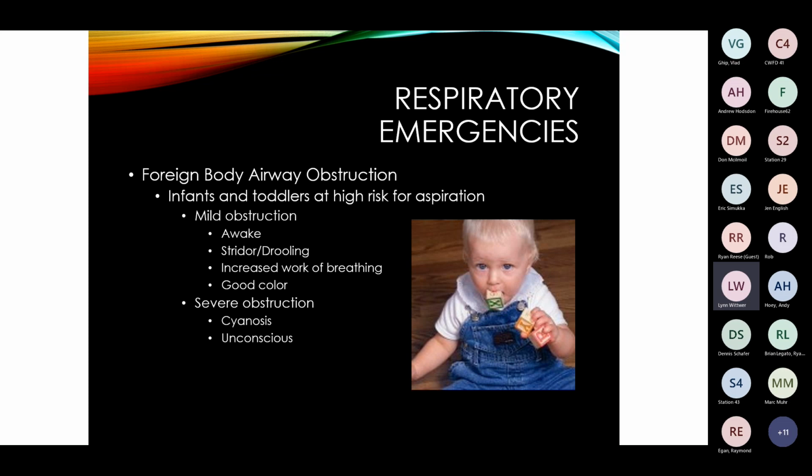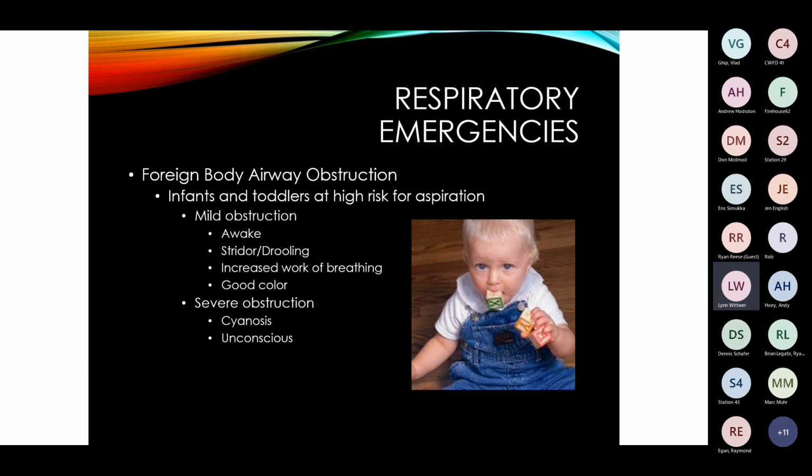With mild obstruction, a child is generally awake. Stridor may be present. They may be drooling, especially if they get an obstruction like a coin that goes into the esophagus and then obstructs the airway as well.